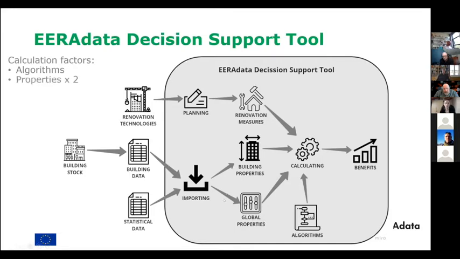Of course, we also need the data, represented by global properties and building properties. Global properties are the general ones, which are not related to specific buildings. And we also need information about the specific buildings for the calculations. Last but not least, we need what we call renovation measures. These are the actions that can be undertaken during the renovation of the building, and that change the values, the properties of the building.